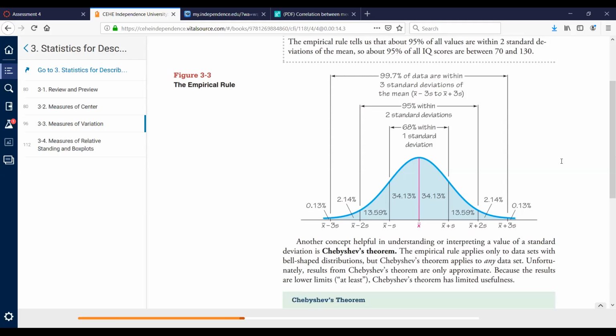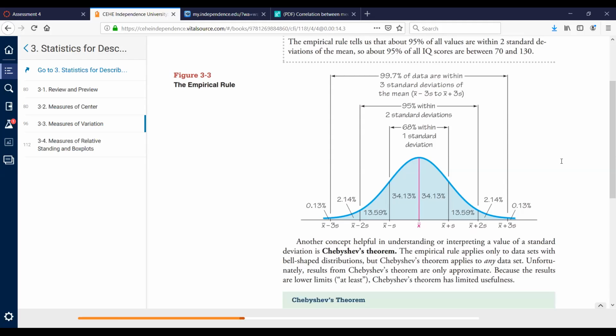So what is a z-score? I gave you a handout, and Candy, I'm going to try and get you a copy of this somehow. That's a table of positive and negative z-scores.